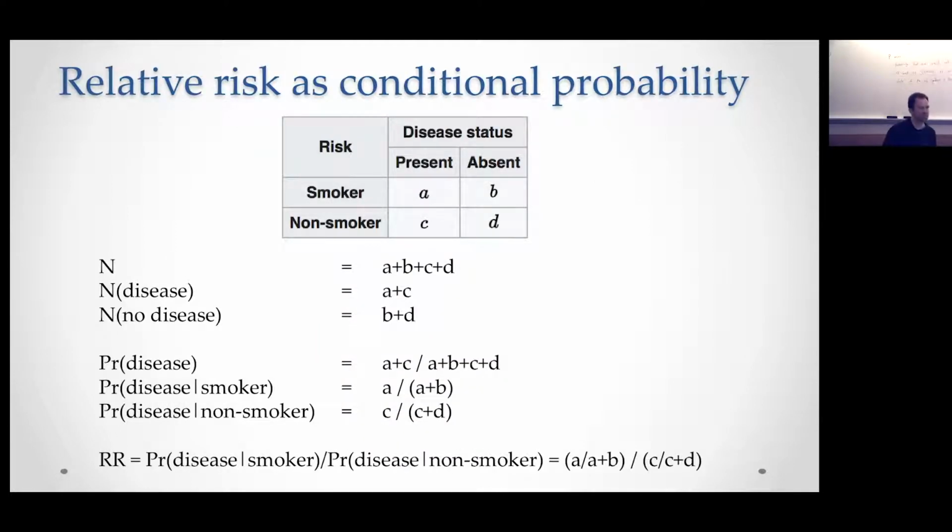We talked about relative risk a lot a few classes ago. These are the formulas from the contingency tables, but the easiest way to think about it is as a ratio of conditional probabilities. In other words, what is the ratio of getting the disease given that I smoke over getting the disease given that I don't smoke?